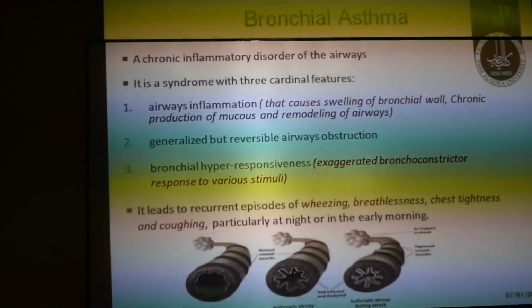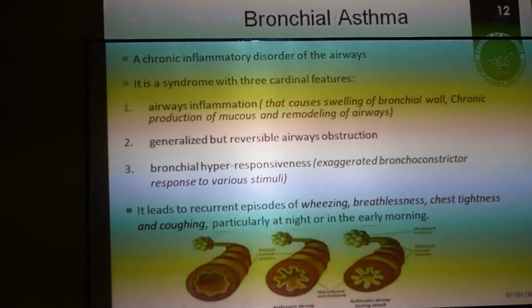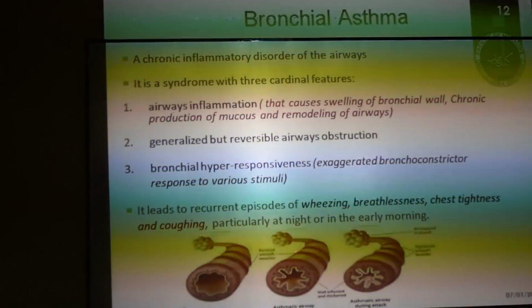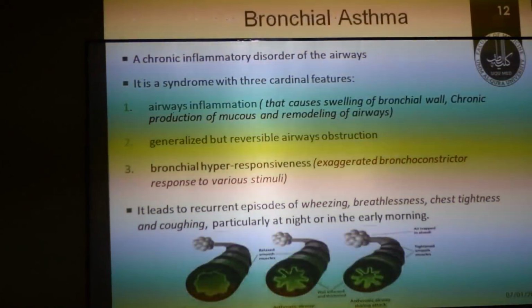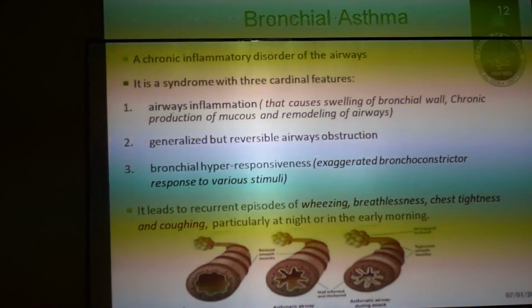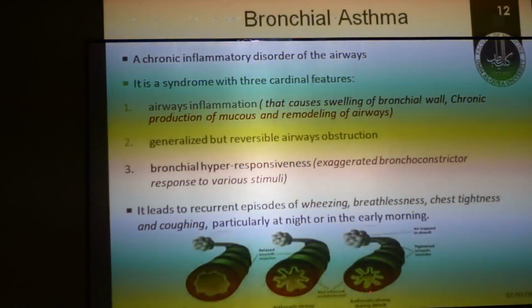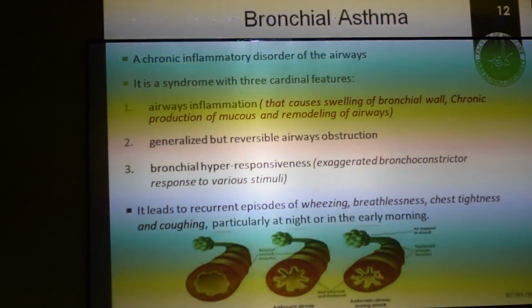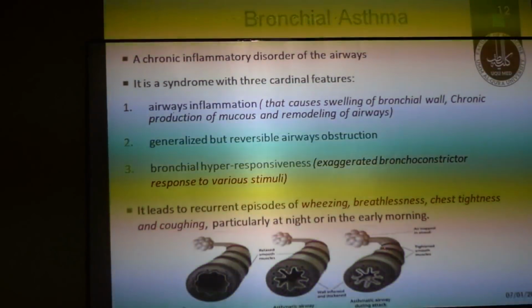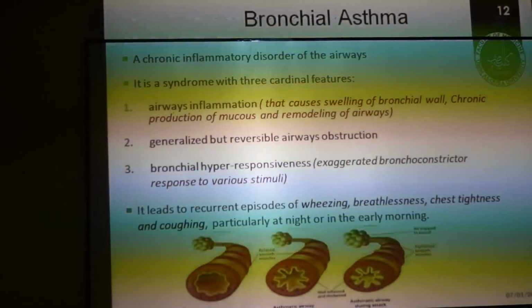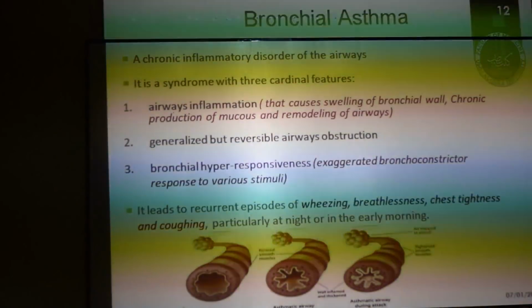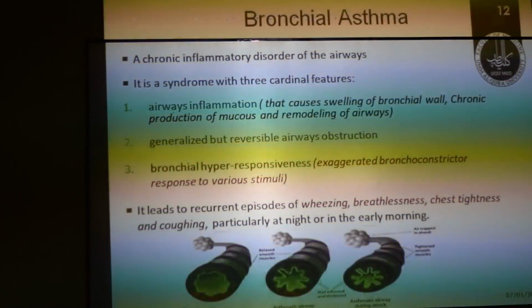There is thickening of the wall of the airway, and finally the smooth muscles around it, they are hyper-responsive, so they will constrict very quickly. But then finally there is another figure which shows the asthmatic attack, so when it will constrict, these smooth muscles will constrict and make it even narrower. So these are the three cardinal features that you should remember regarding the bronchial asthma.